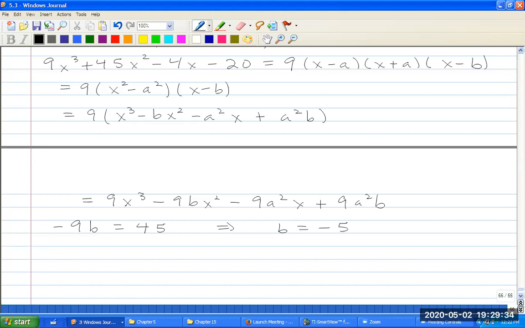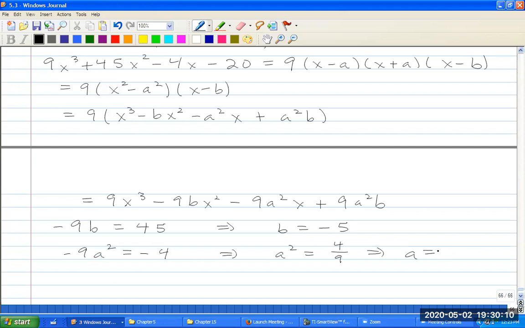Good. Next, 9a squared is equal to 4. I'm sorry, I wrote something wrong there. And so I have that a squared is equal to 4 over 9.